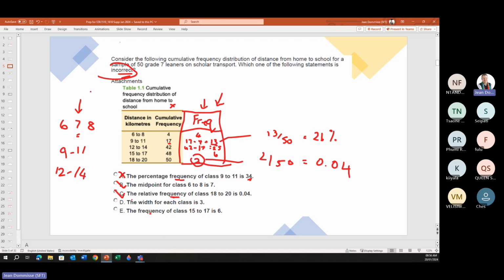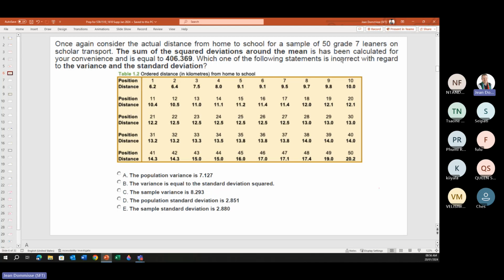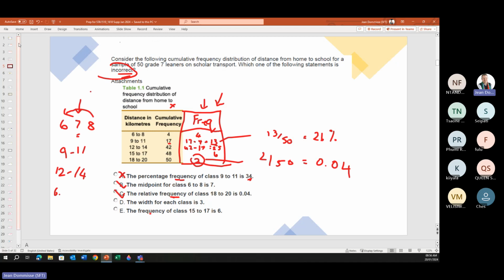So when you look at the class width, sometimes one wants to say 8 minus 6 to get you 2, but that's not right. Okay, so what we're getting here is distances in kilometers. So the first one, I think a data set was given here as well.